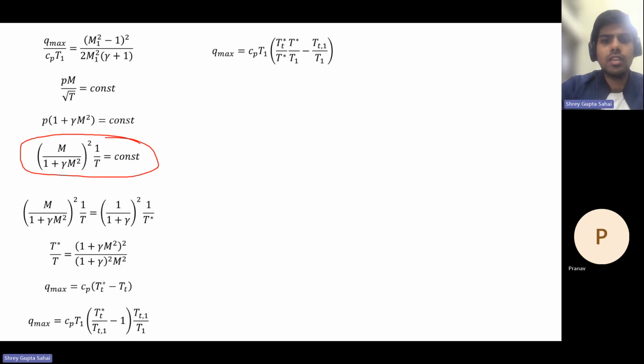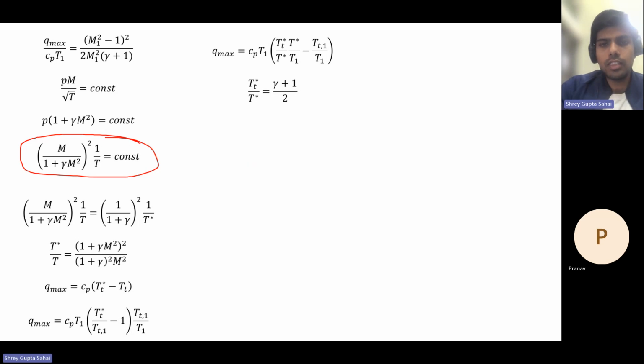Yeah, this one is fine. So we will first write what this is. That is gamma plus 1 by 2. You're able to understand why this is gamma plus 1 by 2?